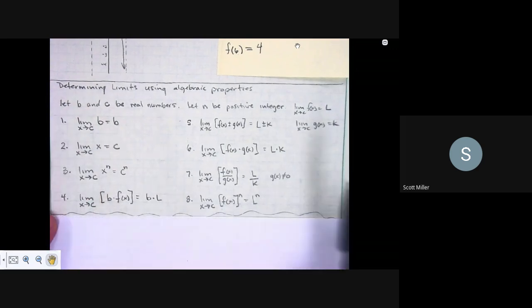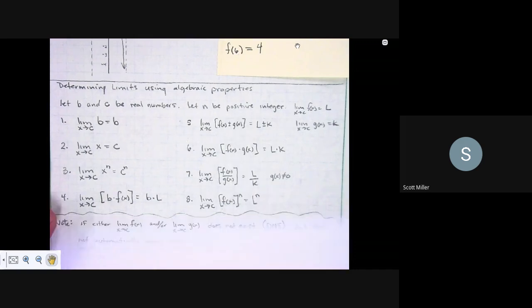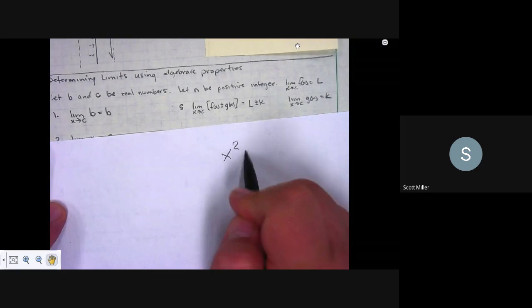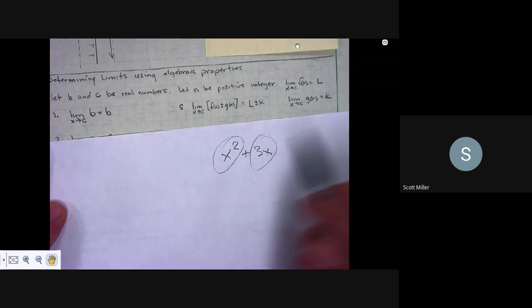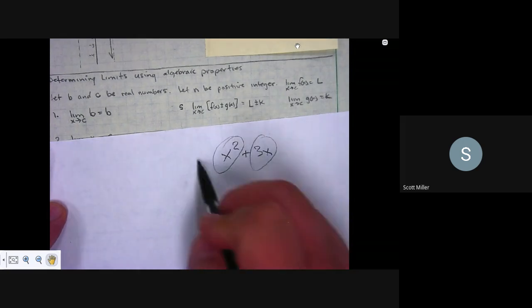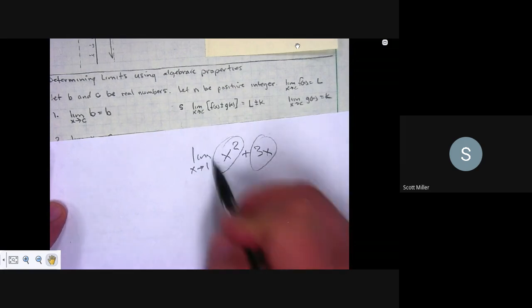What if I have more than one term? This would be an example like saying, what if I have x squared plus 3x? I can think of this as a function and think of this as another function that I'm adding together. So if I want to find the limit as x approaches 1 of this function, I can look at it as separating it.